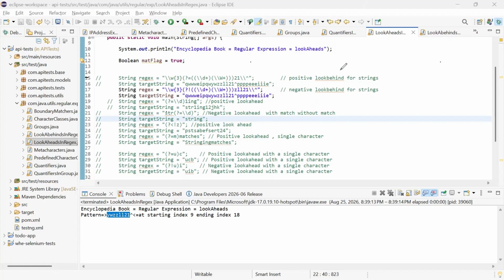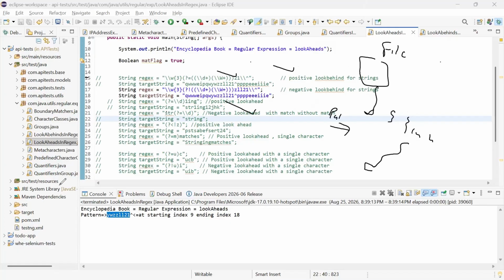In real time, when we work in an application, we are not going to deal with just strings. There you are going to get a file. We have a number of lines in the file, and in those lines you are trying to extract a particular pattern. That's where this concept comes in. So you must understand the various concepts of regular expression thoroughly.